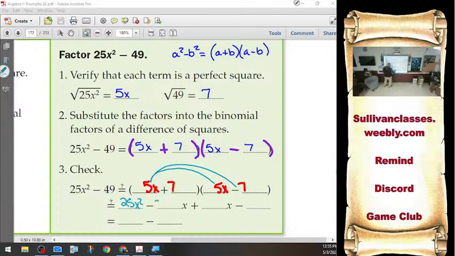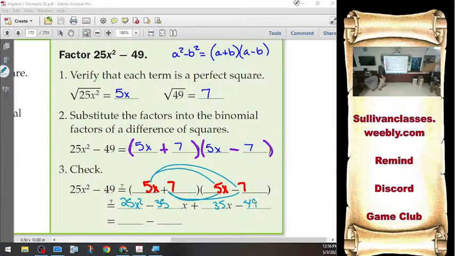Yep, negative 35x. What's 7 times 5x? 35x. And 7 times negative 7? Negative 49.